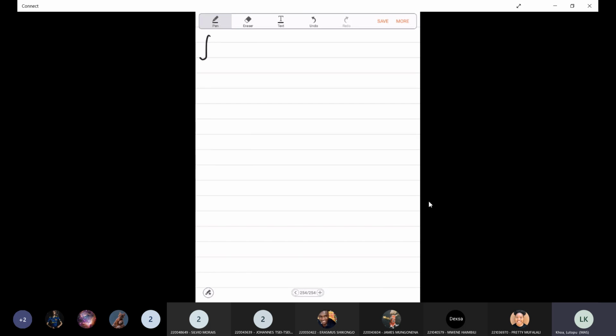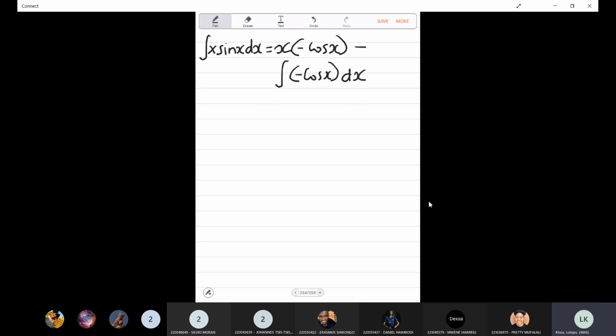So we say that the integral of x sine x dx is u times v. Our u was x, our v is minus cos x, and then we subtract the integral of v multiplied by du. Our v was minus cos x multiplied by du, which is just dx.